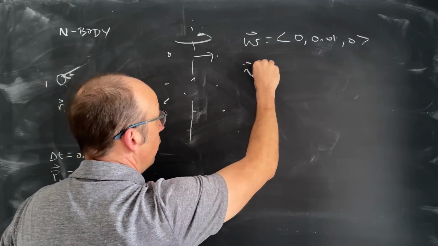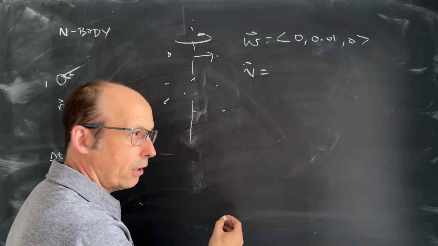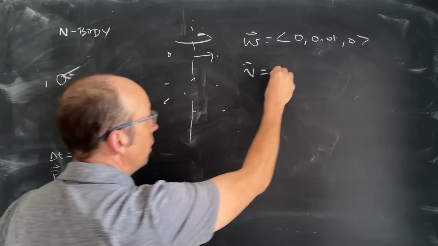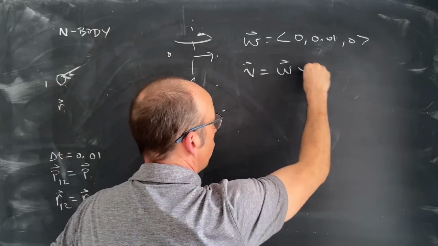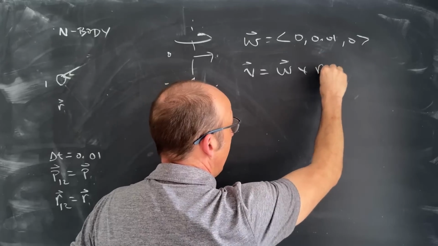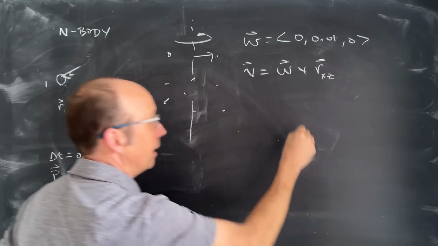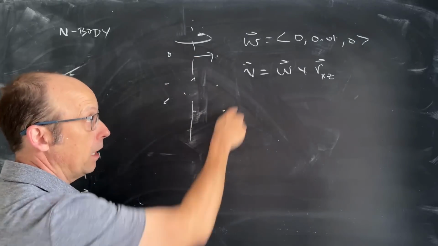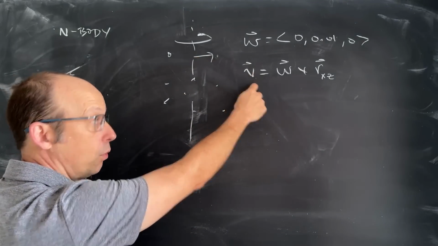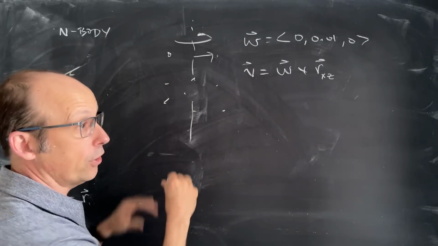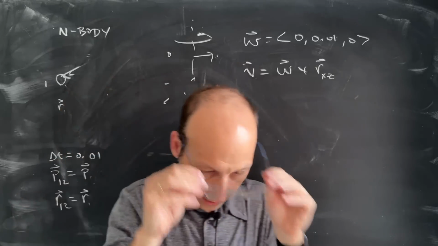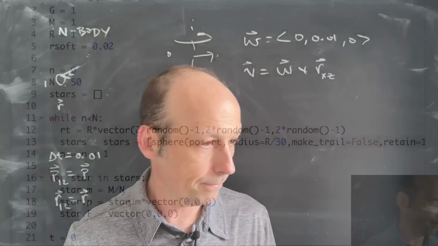Velocity is going to be omega cross r, and this is going to be in xz. So that's the vector in the xz direction. I don't care about its y value. But now I can find the velocity for each one, and I can use that to find the momentum for each one. So the whole thing's going to be rotating a little bit. Let's see what happens in that case. It's going to be awesome.